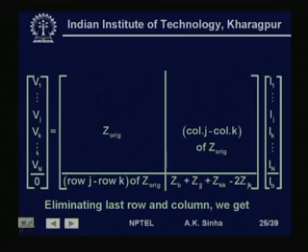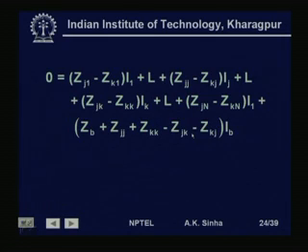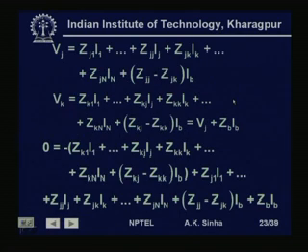So we have V1 up to Vn, this is the original matrix, and the voltages are coming multiplied by IB into Z. For Vk, or Vi, we are getting ZJJ minus ZKJ.